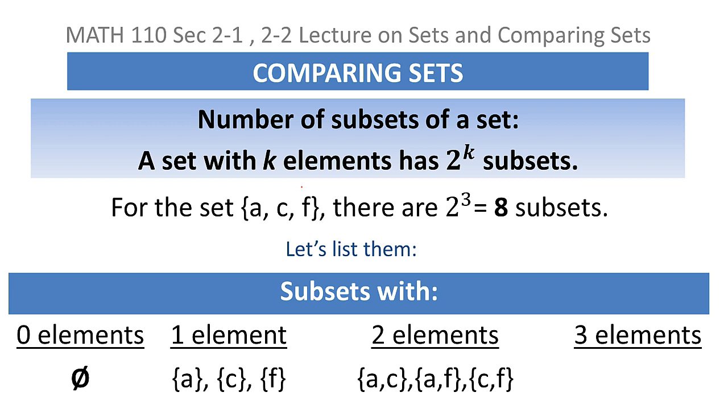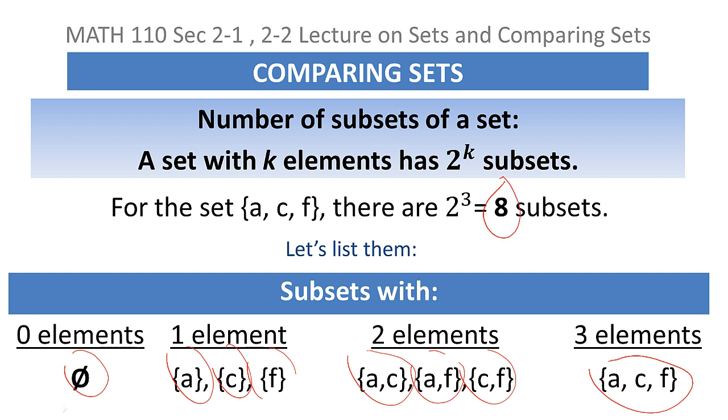Now obviously there's only one 3 element subset, and that's the set itself. And if you count them, that's 1, 2, 3, 4, 5, 6, 7, 8, just as we predicted. So that formula will tell you how many subsets a set has.